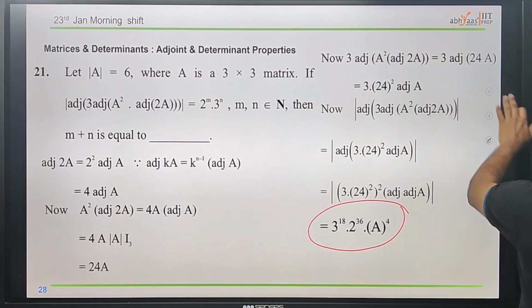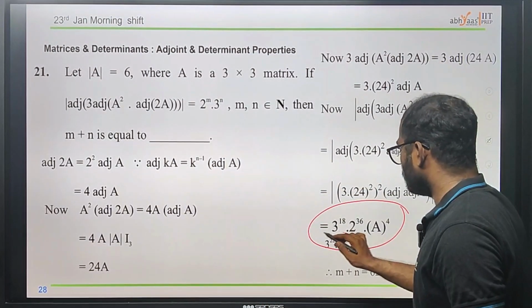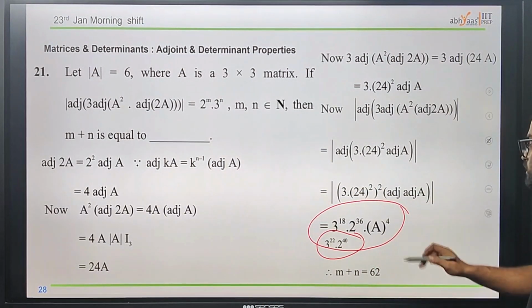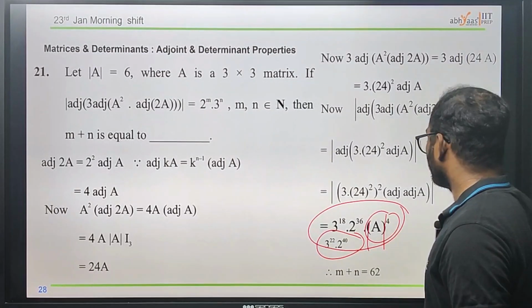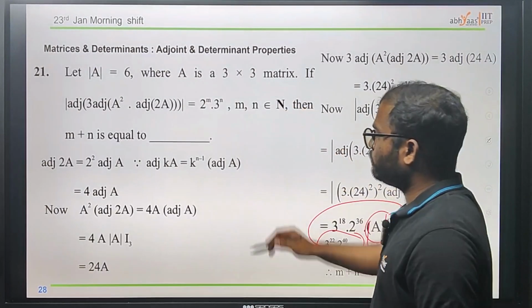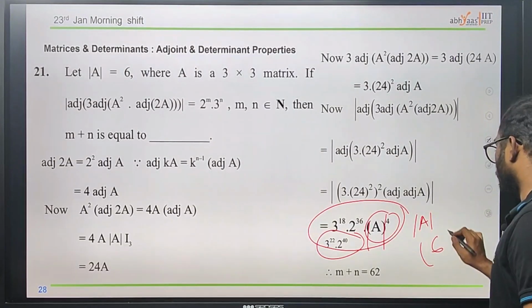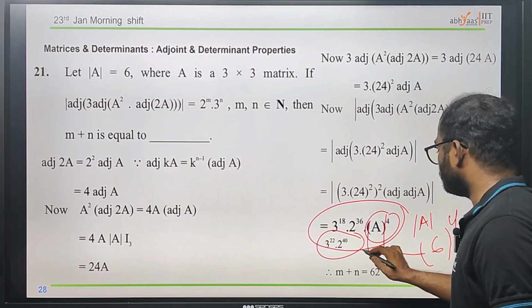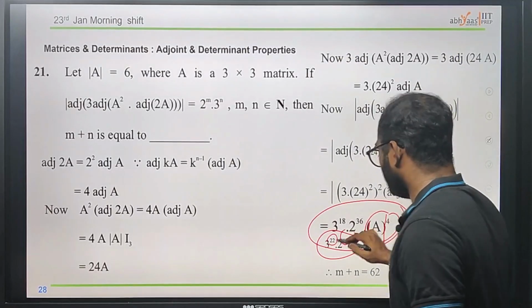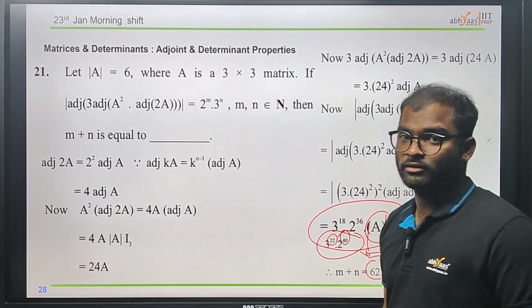Finally it gives 3 power 22 into 2 power 40. This will be the determinant, which comes from the 6, which will be 6 power 4. From that we can easily find m and n. That's how we got 62 as the answer.